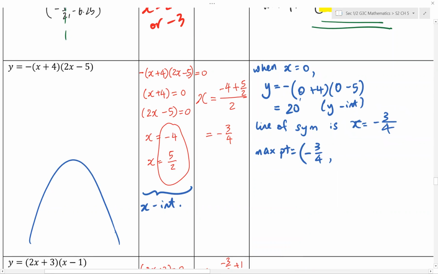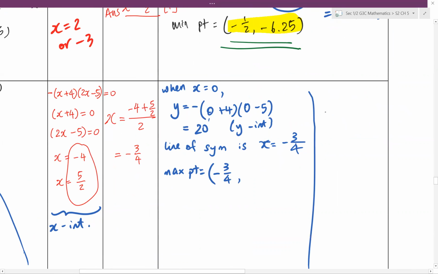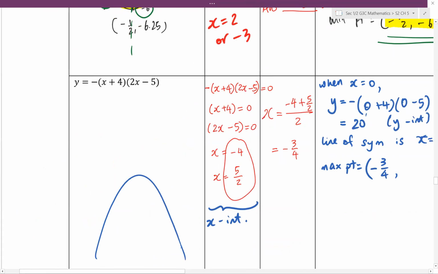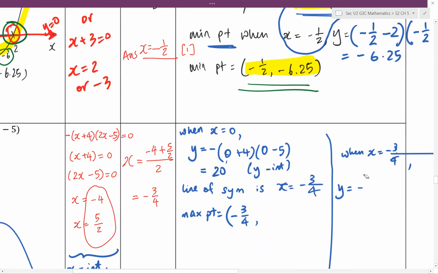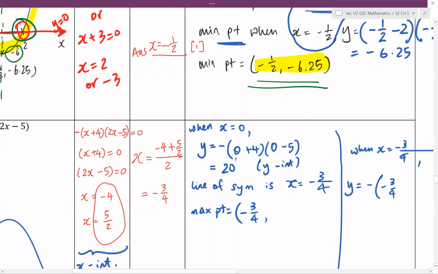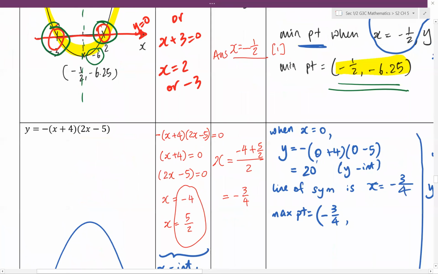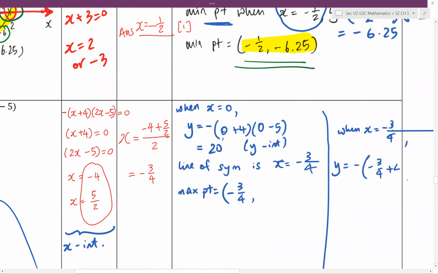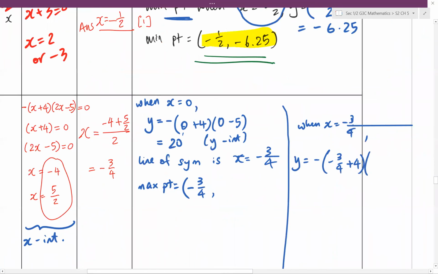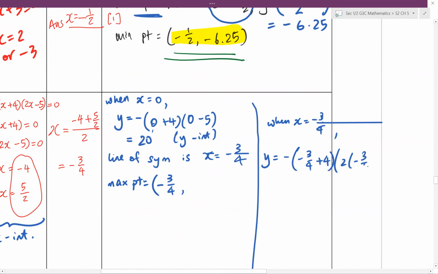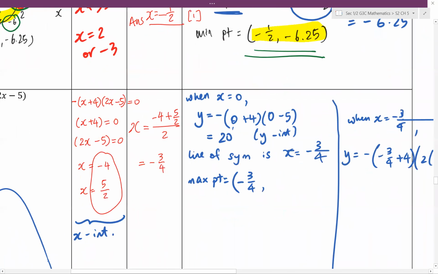When x equals -3/4, our y value will be negative bracket x plus 4, -3/4 plus 4, bracket 2x, 2 times -3/4, then -5.